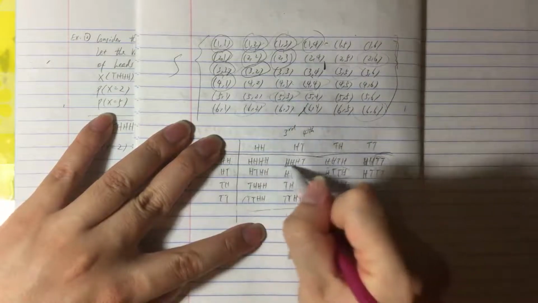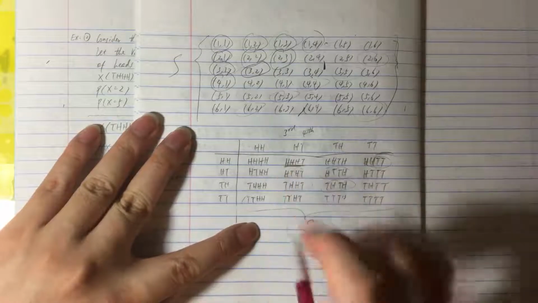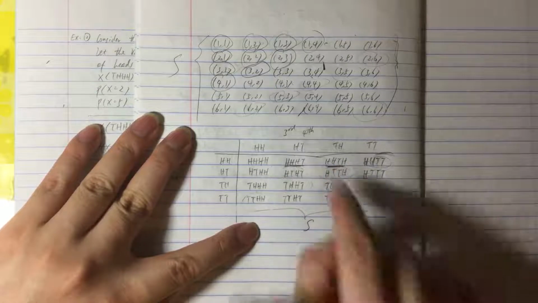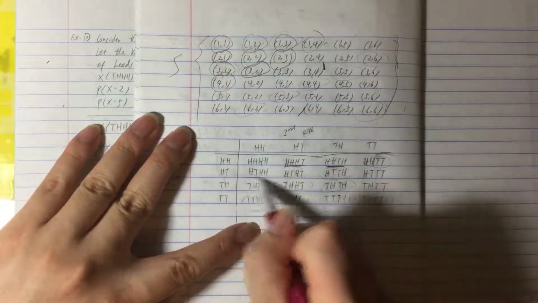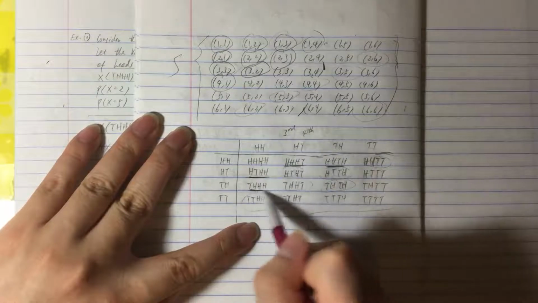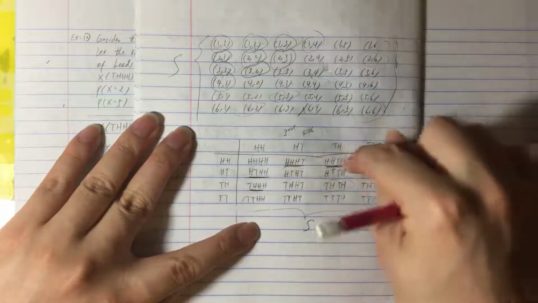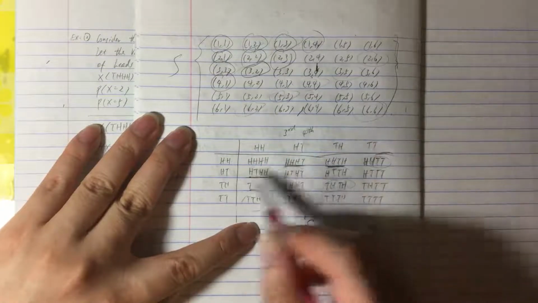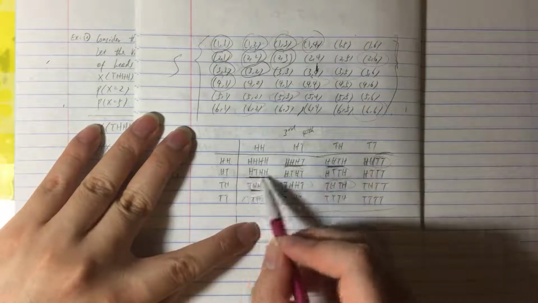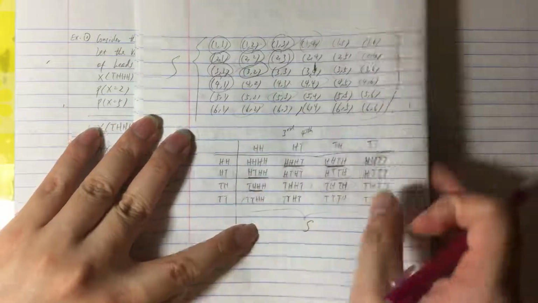For this sample point here, X is 3. For this sample point, X is 3. And for this sample point here, X is 3. So X equals 3: 1, 2, 3, 4. There are 4 outcomes where X is 3, which is 4 out of a total of 16.